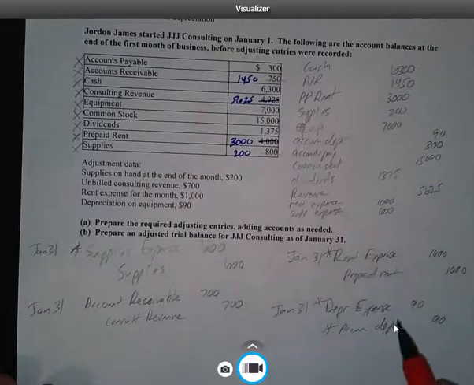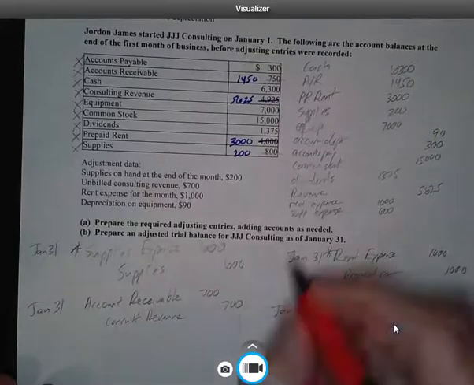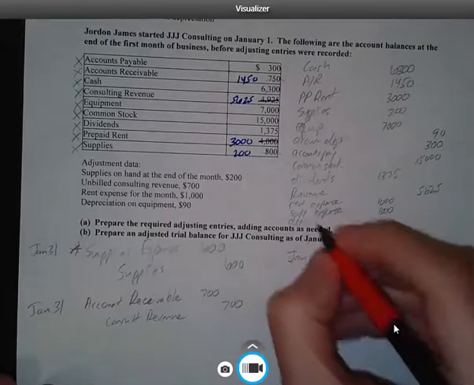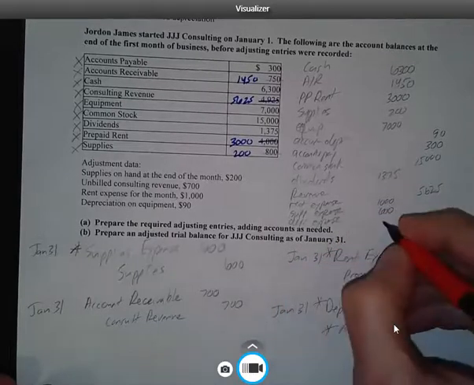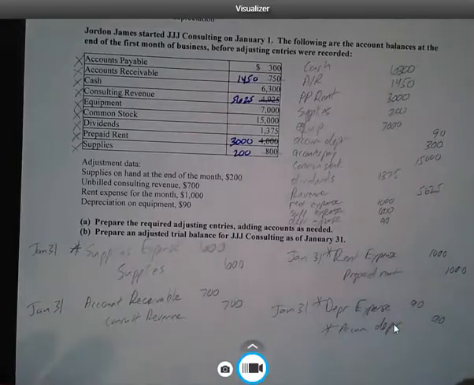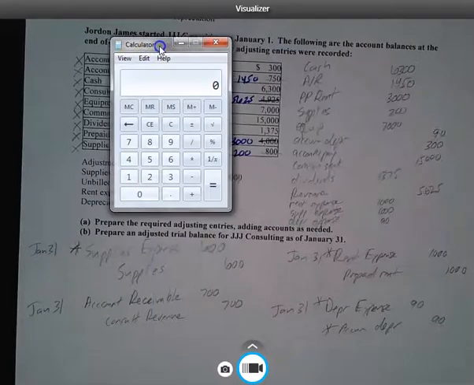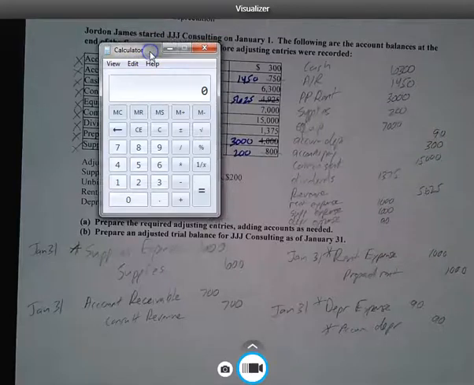And then we have depreciation expense. Wish I would have written a little bit smaller. Okay. All right, so I've got all of these items here. And so what I'm going to do, and hopefully I did this correctly. If not, that's a real bummer.